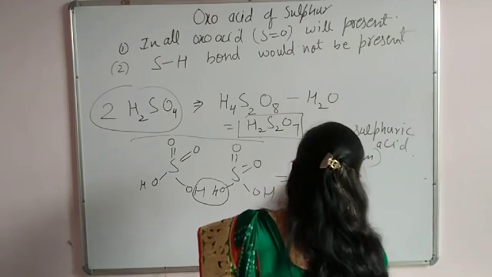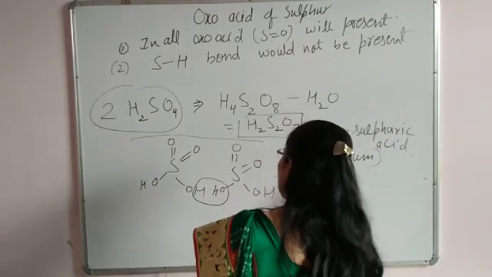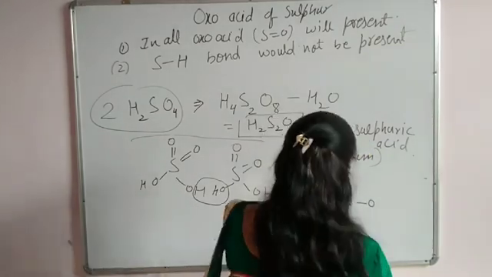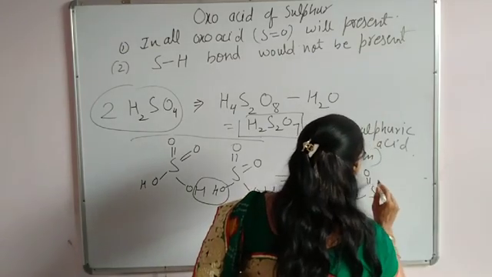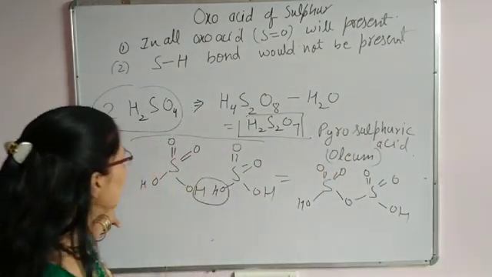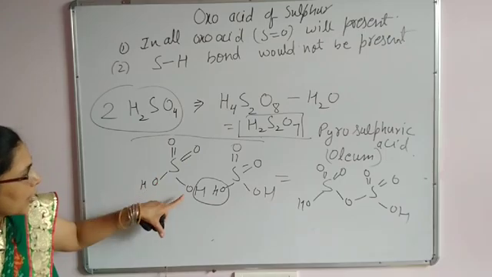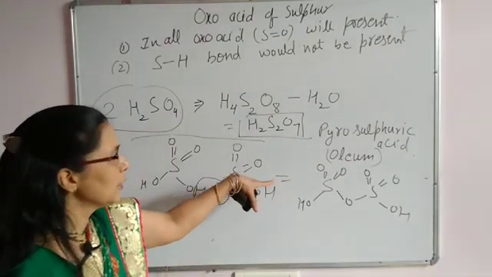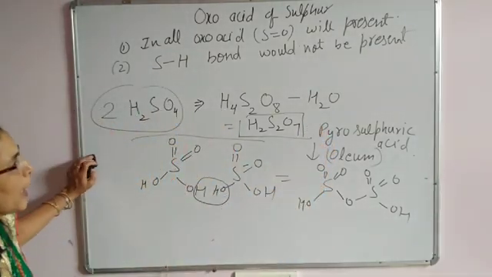Sulfur double bond O, double bond O, I am just copying, OH, then O, O, O and S, double bond O, double bond O, OH. Just look at the board: after removing H2O, double bond O, OH, in between only one oxygen, then again the whole process will be repeated. So this is the structure of pyrosulfuric acid.